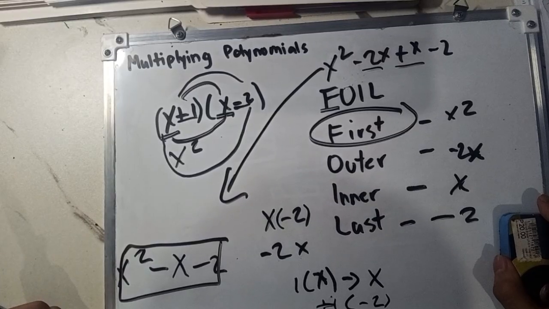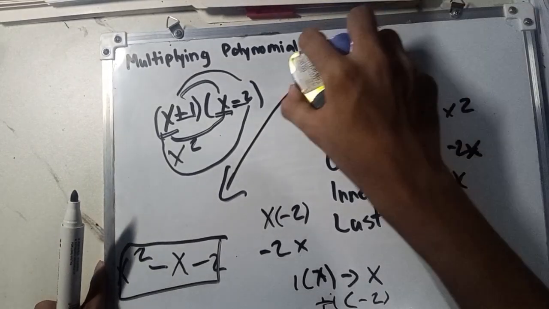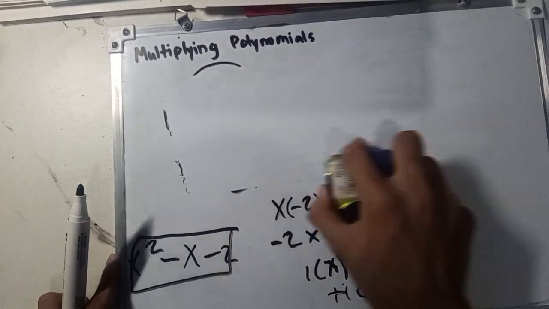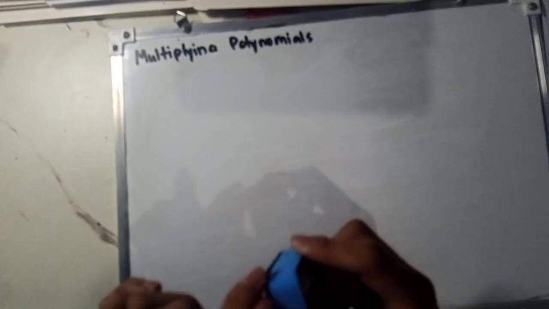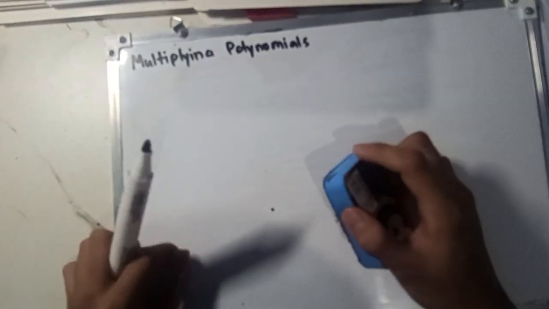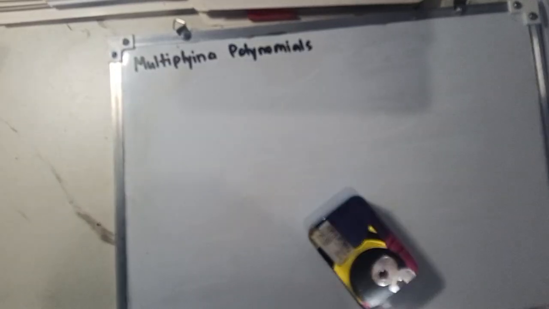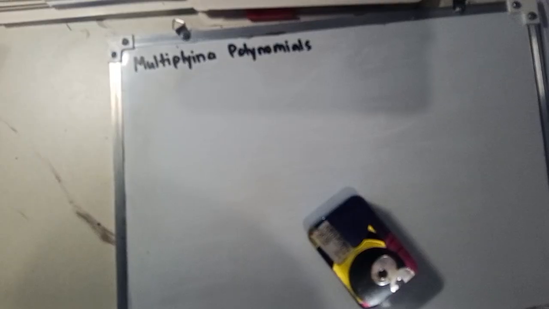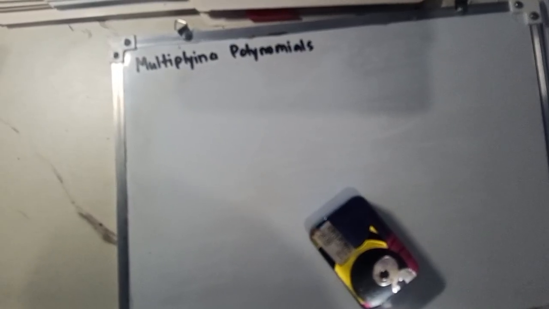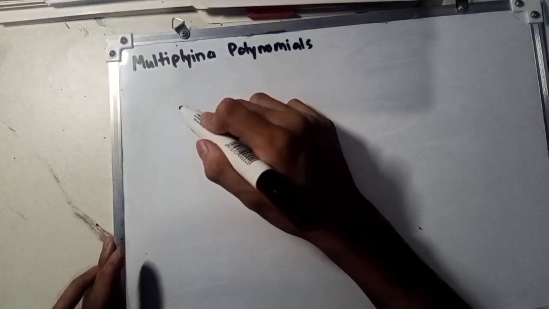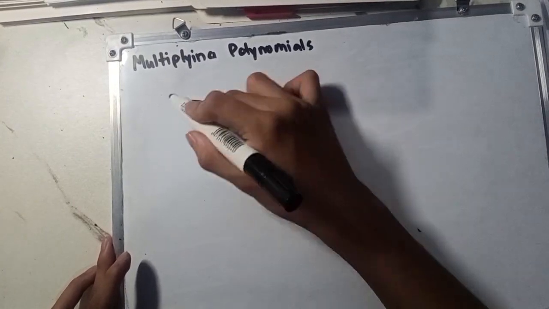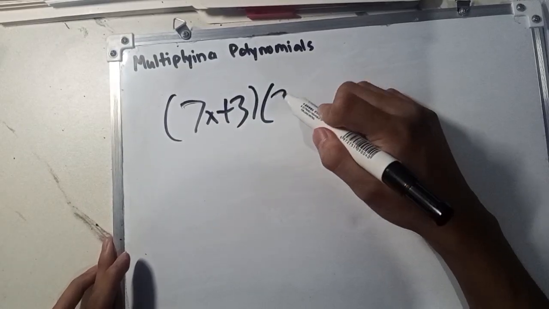So let's try another example. So we have 7x plus 3 times the value of 3 minus x.